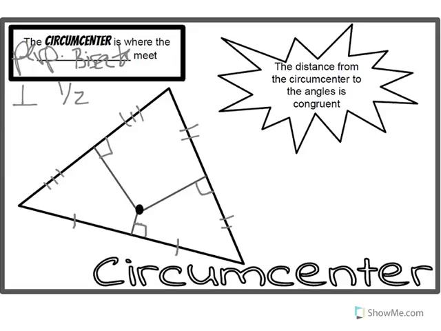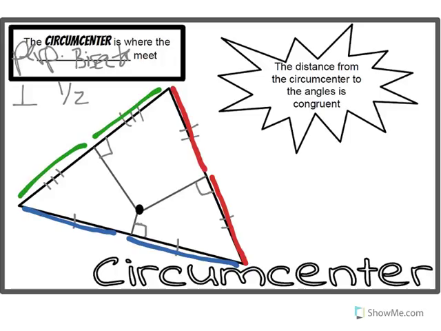If you want some color coding to help you see it better, here to here is congruent, here to here is congruent, and here to here is congruent. In addition to those three sets, the distance from the circumcenter to the angles, or to the vertices, is congruent.